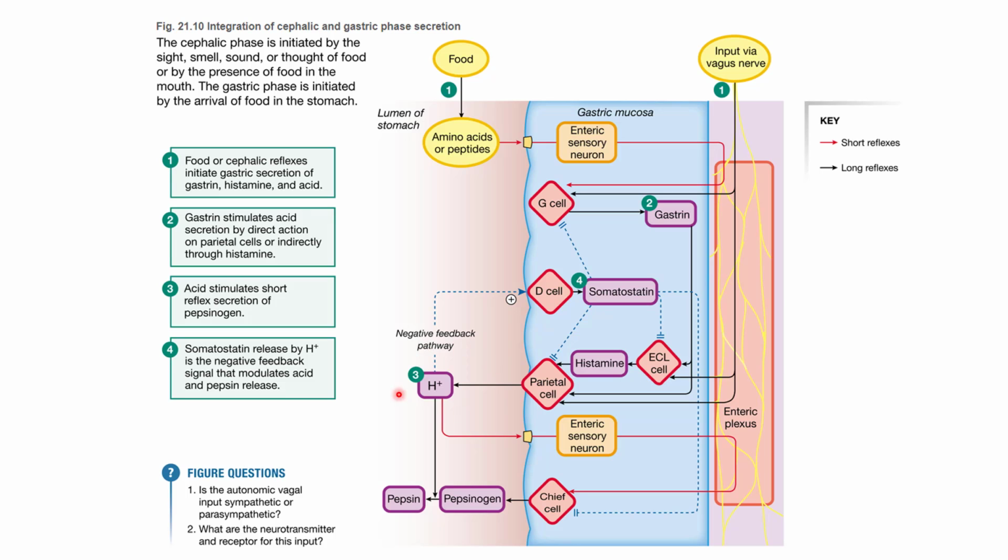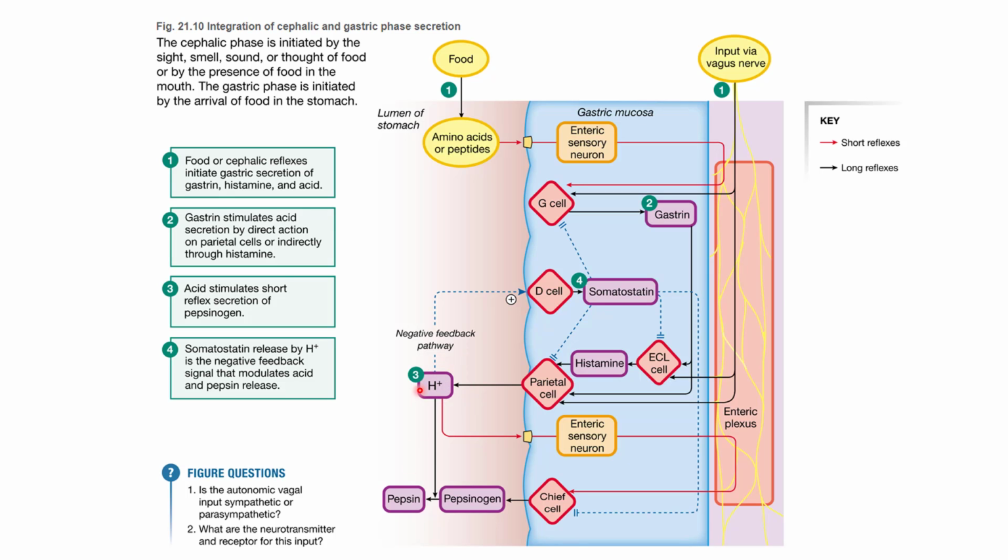So we start producing gastric acid. That lowers the pH, which then can have a negative feedback loop on our D cells to say, hey, look, it's getting pretty acidic. Let's create some somatostatin that stops the parietal cell from producing quite as much.